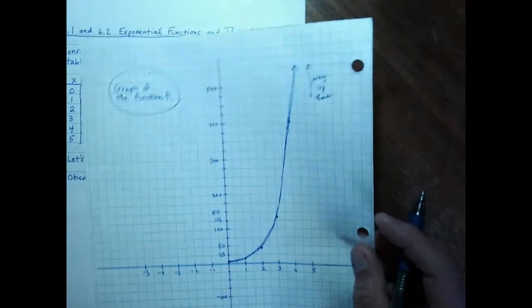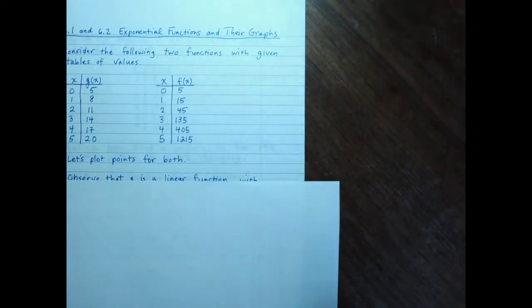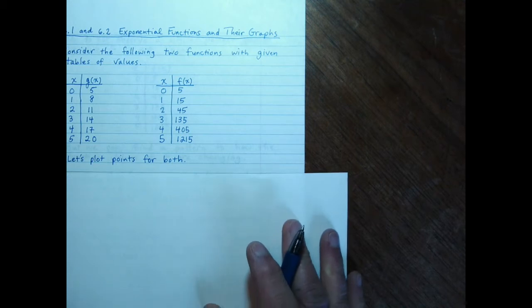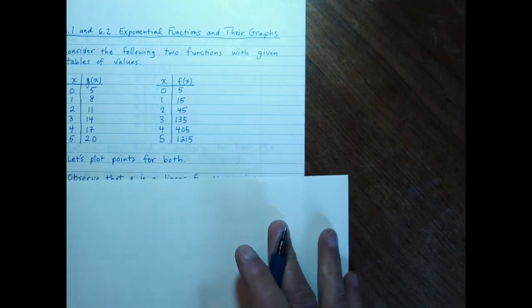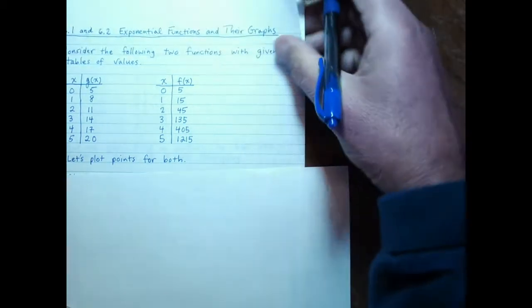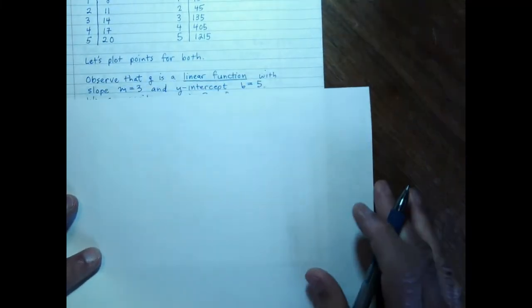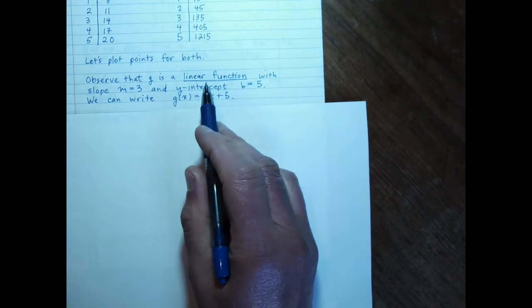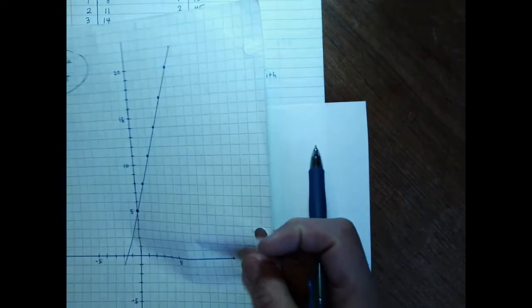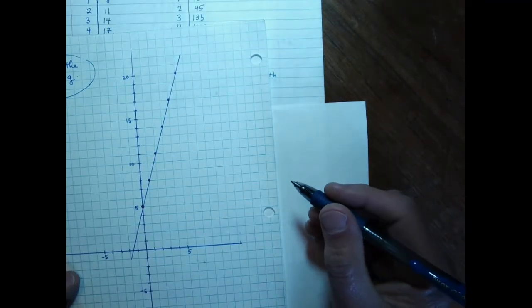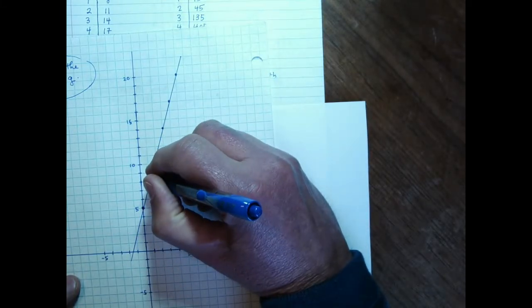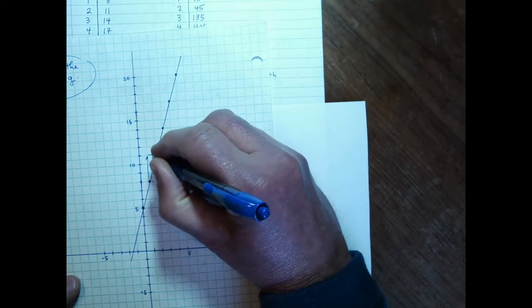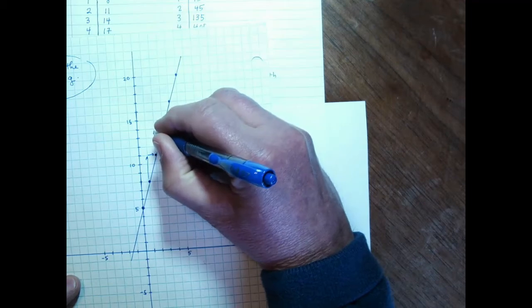But before we start talking more about graphs, I want to say some more about these tables of values. So we have already seen that g is a linear function, and in fact, we can see that going from one point to the next, we can go up 3 over 1, up 3 over 1.